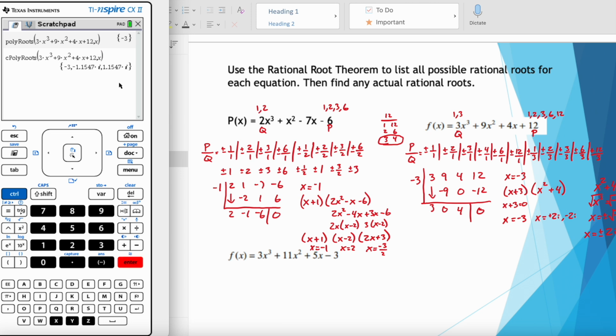Now, the only issue with this would be that we are looking at a decimal rather than the actual value as a positive or negative 2i. What I would highly suggest is to keep our answer as positive or negative 2i in order to make this as easy for you as possible.